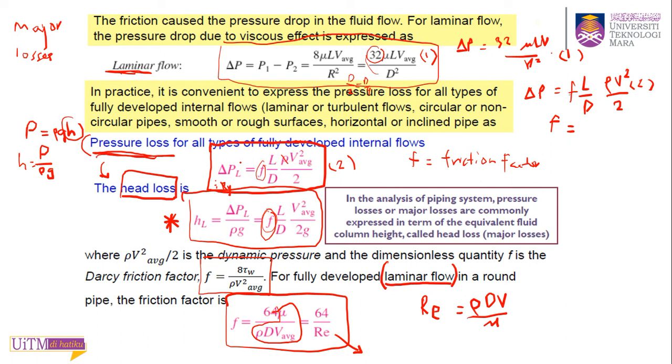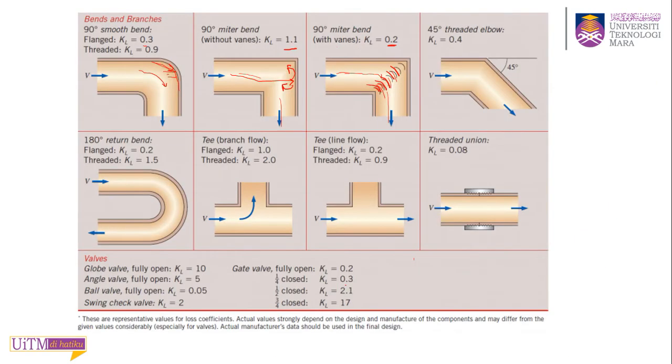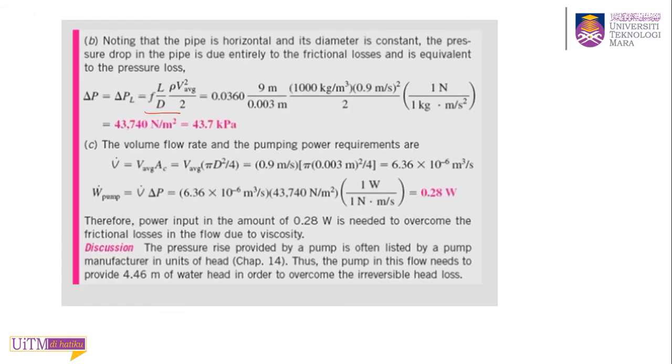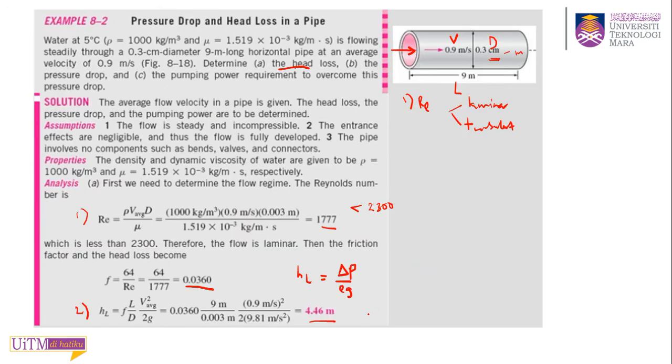But to get this, you can just multiply by rho times g, right? It's the same, right? You don't need to write this equation. You can just use 4.46 here, the HL times rho times g. You get 4.46 times rho 1000 times 9.81.